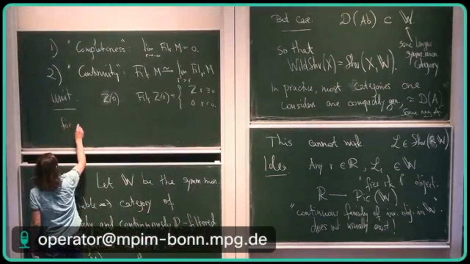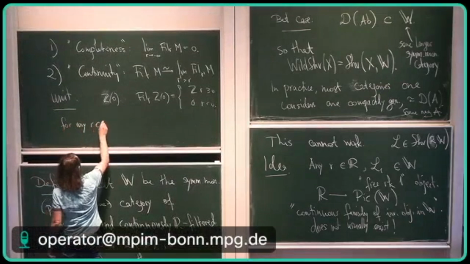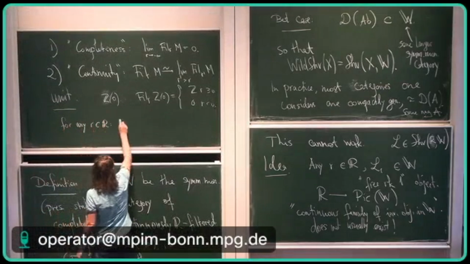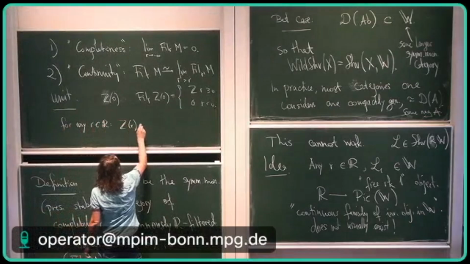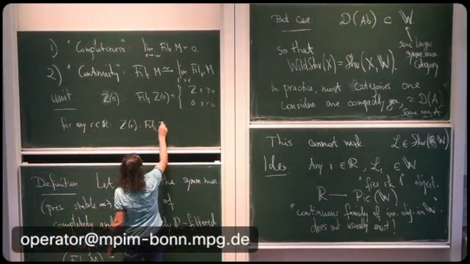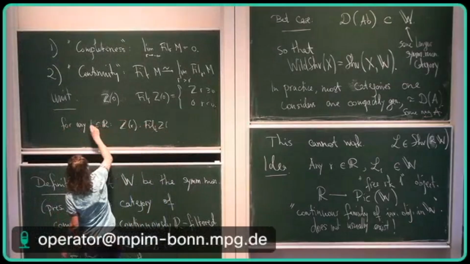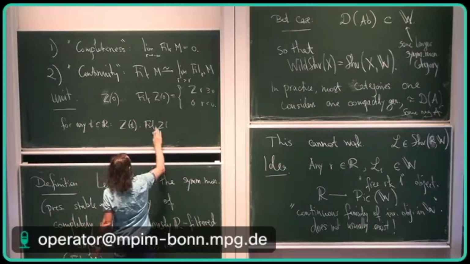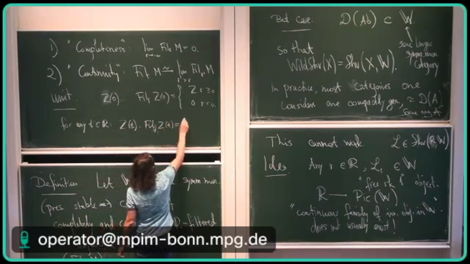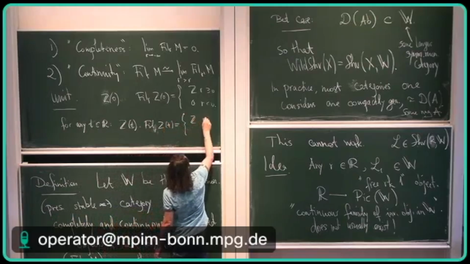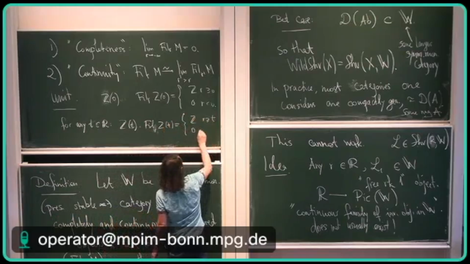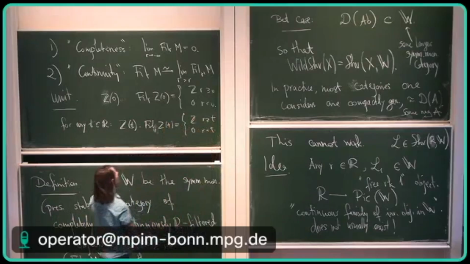But more generally, for any real number T, you now get an invertible object, namely Z(T), which has Fil^R Z(T) equal to Z if R is greater or equal to T, so only at time T this appears, and before time T there's nothing.